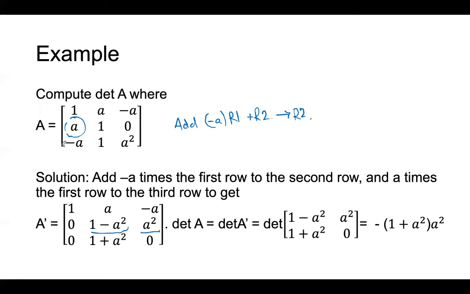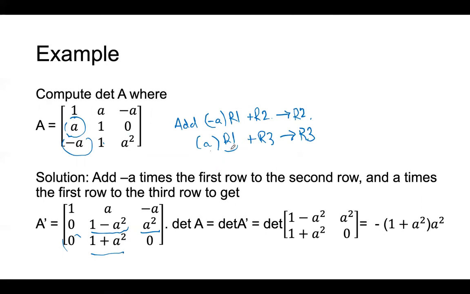For this part, you would take A times row 1 plus row 3 and put it in row 3. So A times row 1: A minus A is 0. A times A is A squared, plus 1 is 1 plus A squared.